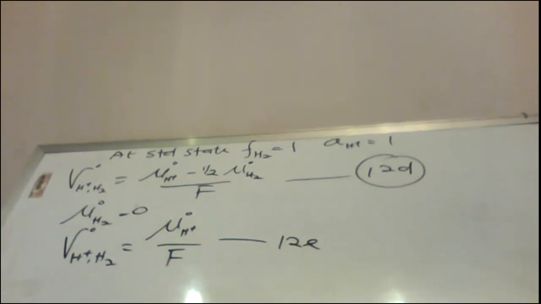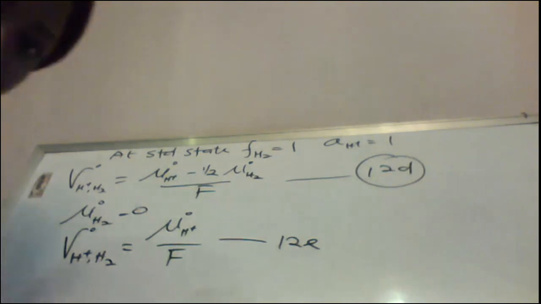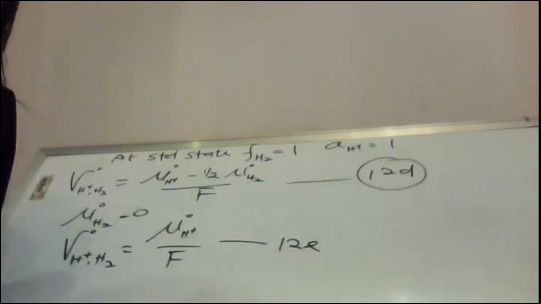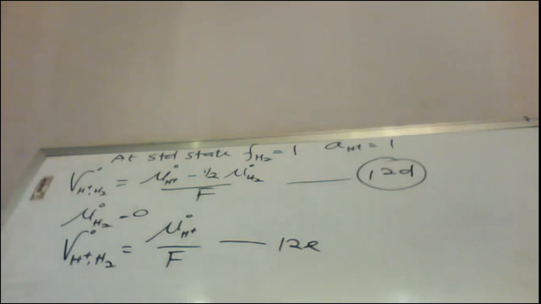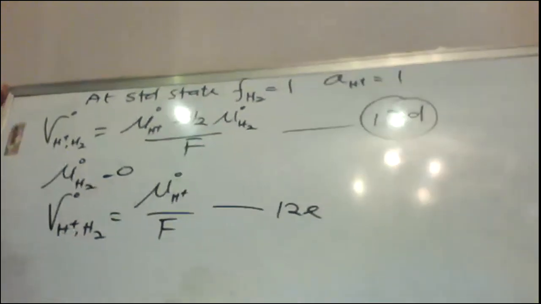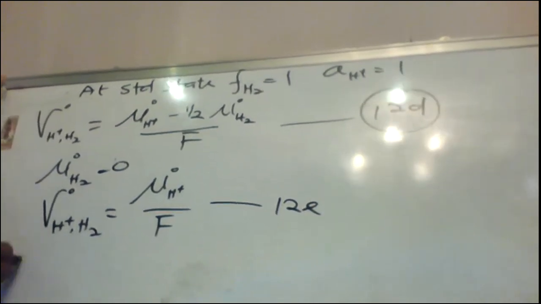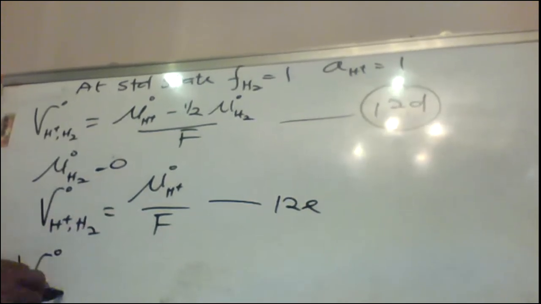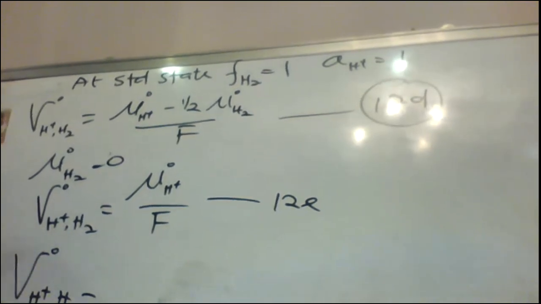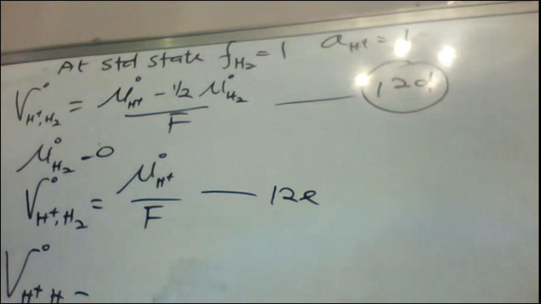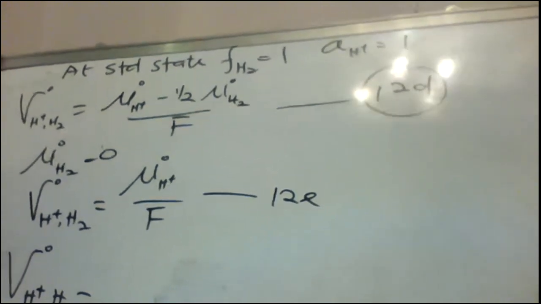Mu naught H plus minus half mu naught H2 over F minus RT over F. Thank you very much.